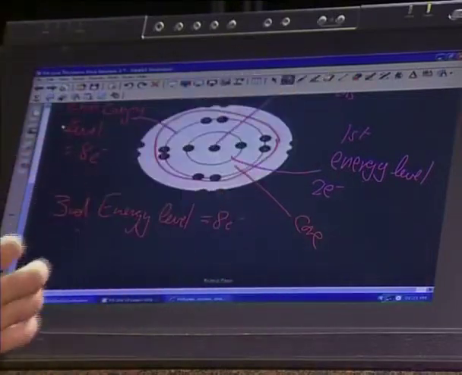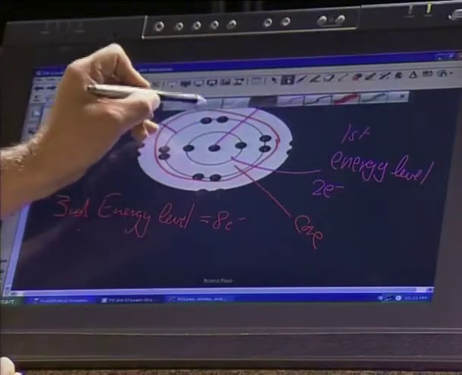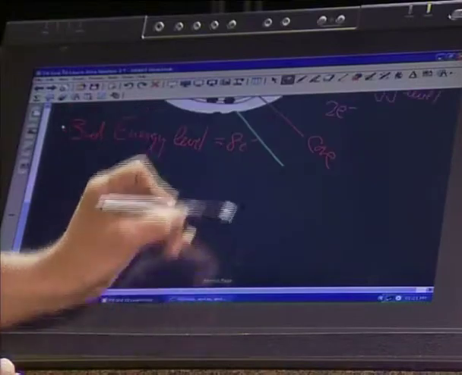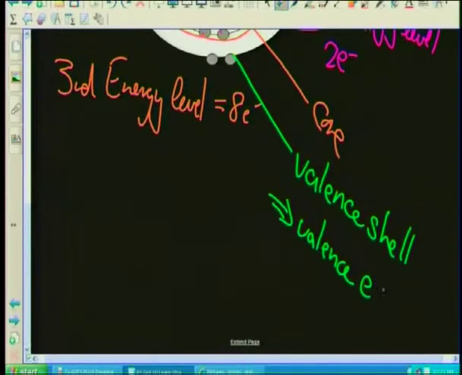The outer energy level, the one that's at the outside, the last one that's full, that's got an electron in it, this one is given a special name, and it's very important in chemistry. This is known as the valence shell. And these are known as valence electrons.